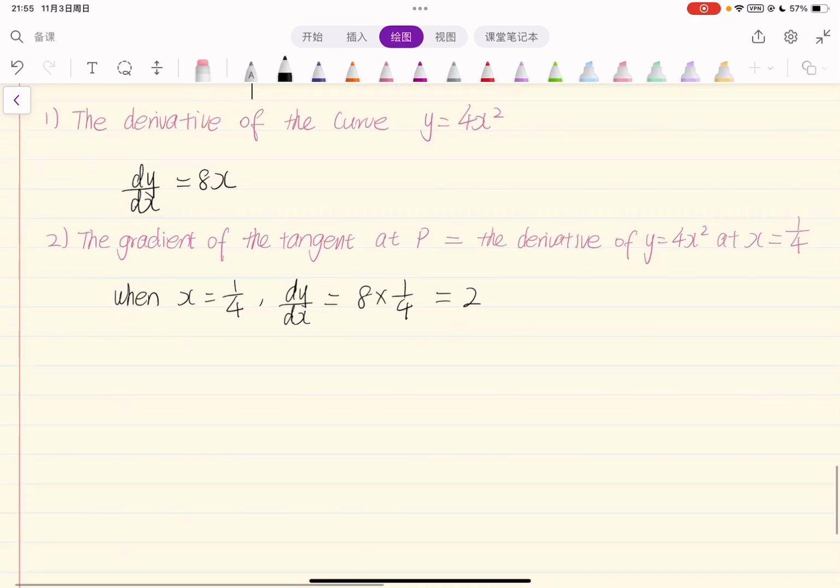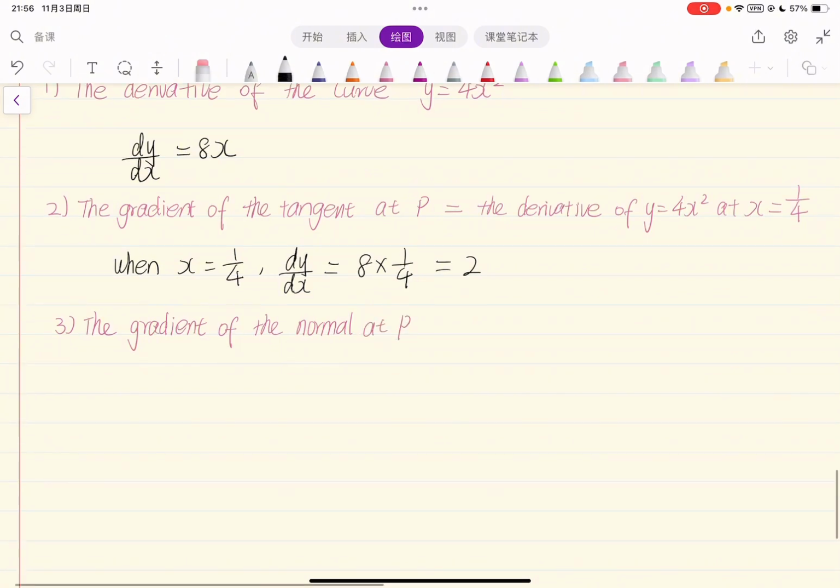So that we can find the gradient of the normal at point P. We have negative 1 over dy over dx, that equals negative half.